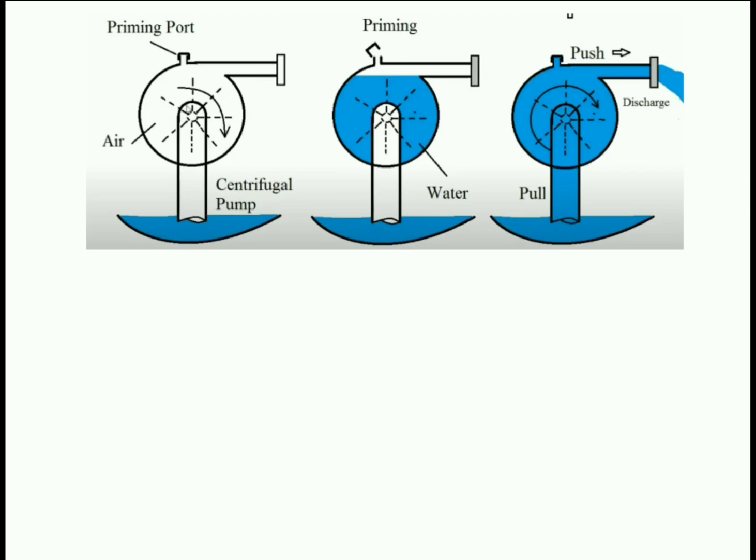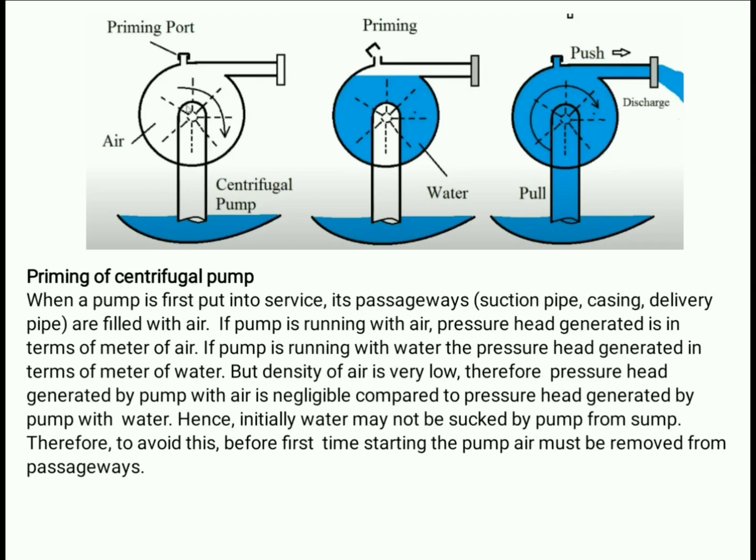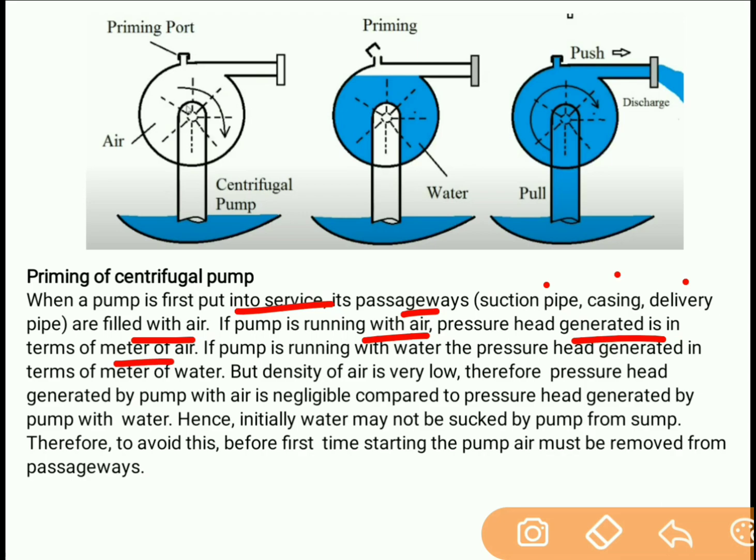Next, we need to learn about priming of centrifugal pump. This concept is very important, so let us understand what priming is. When the pump is first put into service, its passageways such as the suction pipe, casing, and delivery pipe are filled with air. If the pump is running with air, the pressure head generated is in terms of meters of air. If the pump is running with water, then the pressure head generated will be in terms of meters of water.